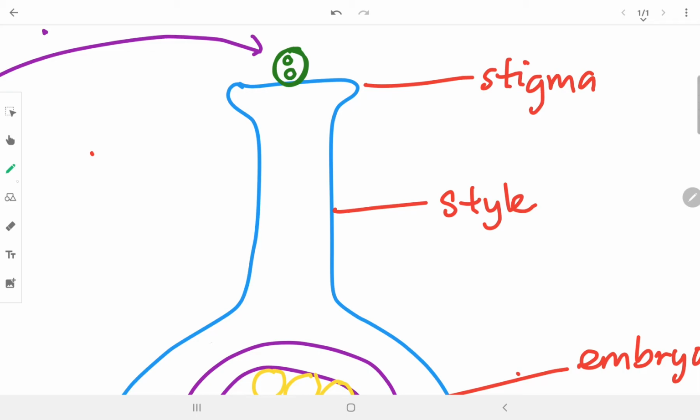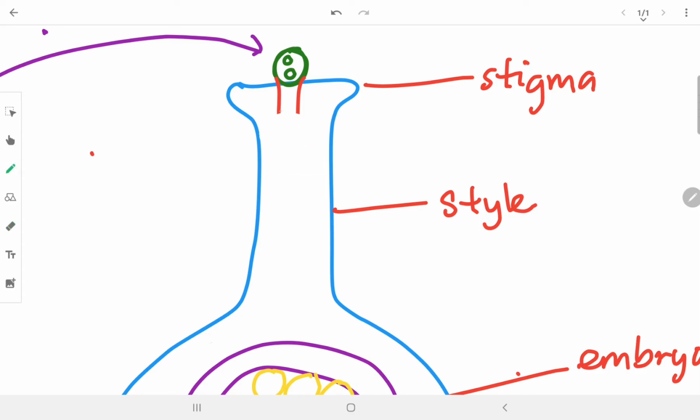The tube cell inside the pollen grain will produce the tube nucleus. So tube nucleus will grow like this. Mula-mula dia pendek, okay, and then it will elongate.